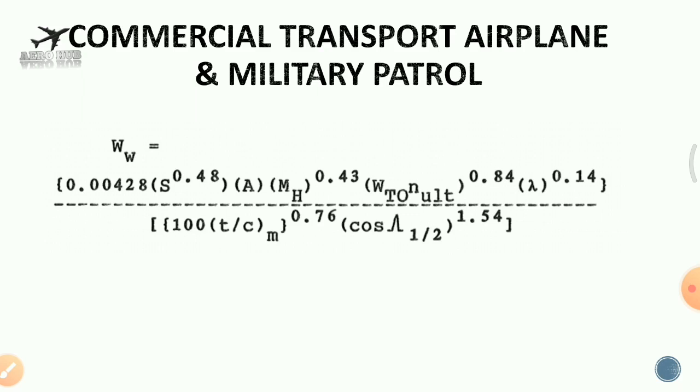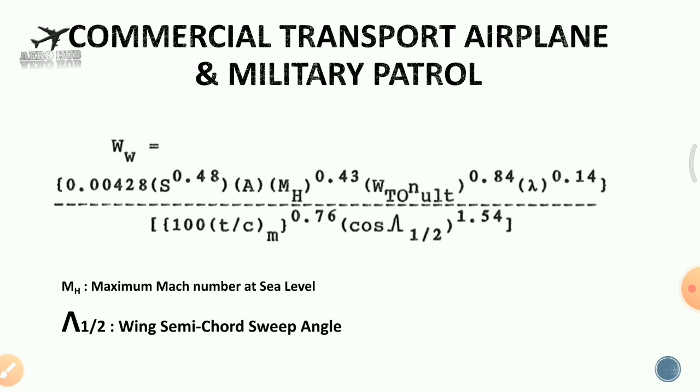Lambda is the taper ratio, power 0.14, divided by 100 into thickness to chord ratio, power 0.76, into cos of lambda half, power 1.54, where lambda half is the wing semi-chord sweep angle. These things are readily available in the design handbook.